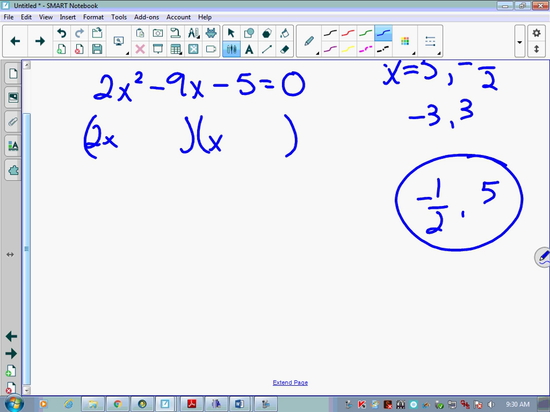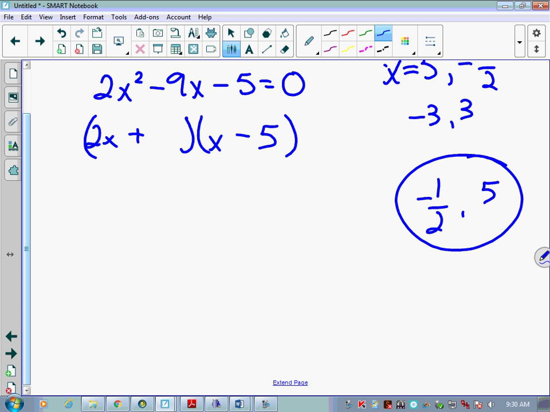The only way to do that is to multiply by a positive and a negative. So I can try this and this, okay? The nice thing about it is that what I'm trying to multiply to get is a prime number. It's 5. So the only way to multiply two numbers to get 5 is to use 5 and 1. Is that correct? Hopefully. What's 2 times negative 5?